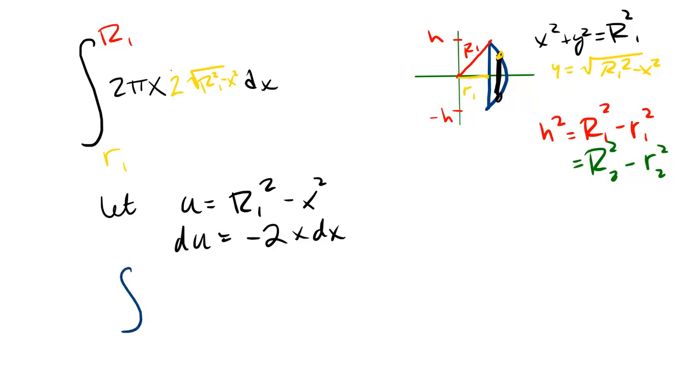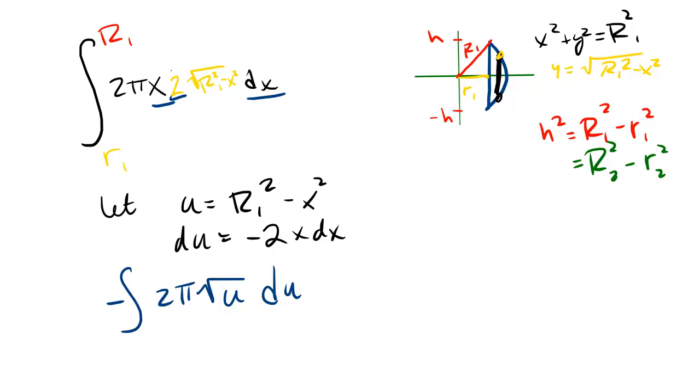I'm going to have the square root, what's under there is going to be replaced by u. This 2, this x, and this dx will turn into a du, but we're going to bring a negative along for the ride. I'll stick it out here. And then we have a 2 pi left over.